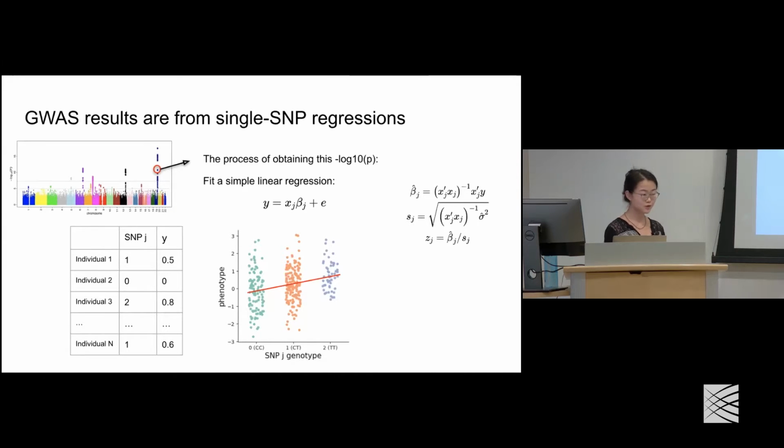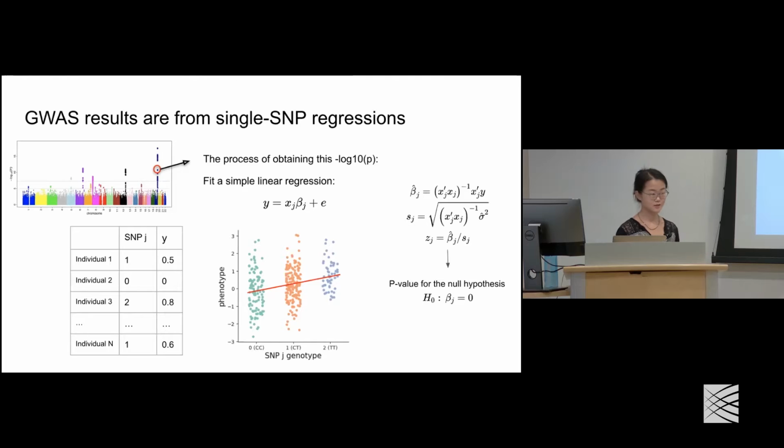And if you further want to know how significant this association is, basically how deviated this beta j hat is from 0, because the more deviated it is, the more associated a variant is to the phenotype, you would want a p-value. So before you compute the p-value, you want a z-score.